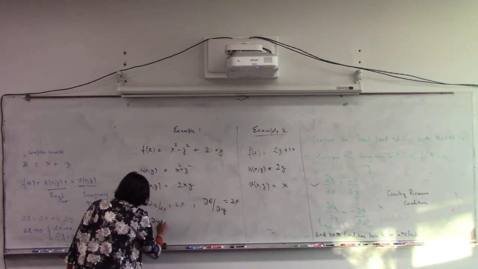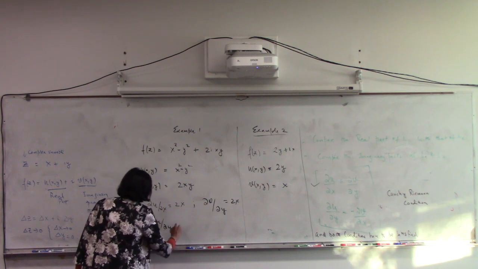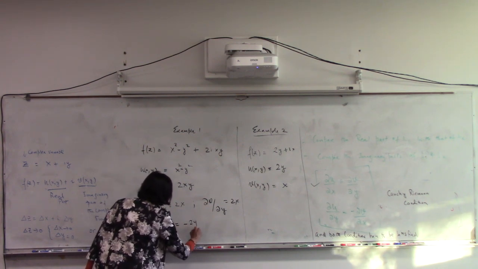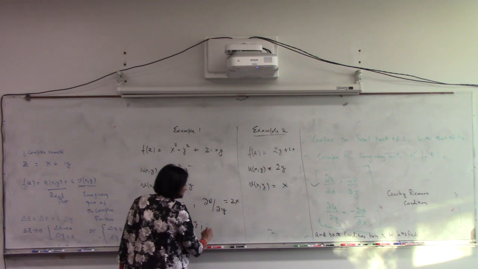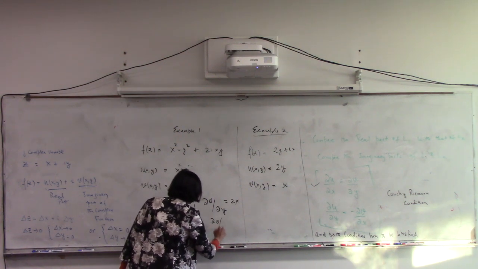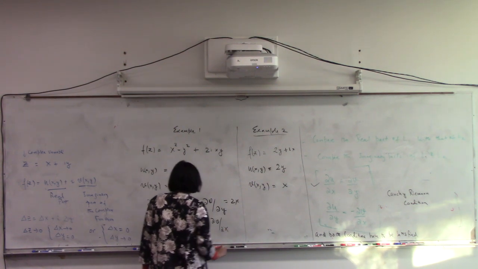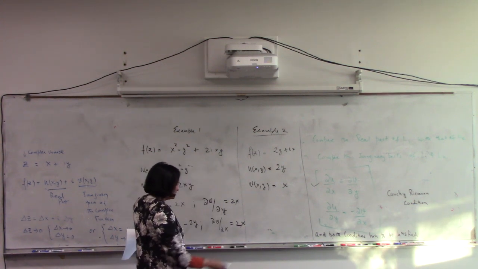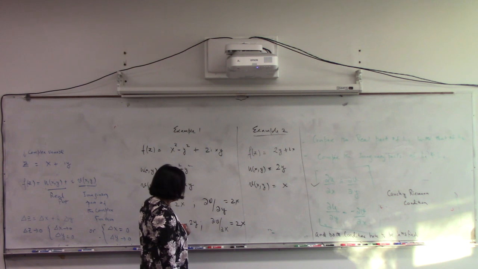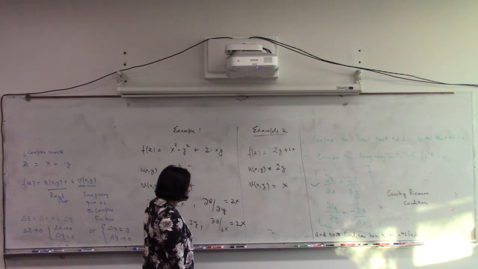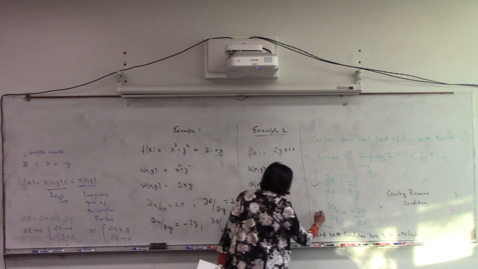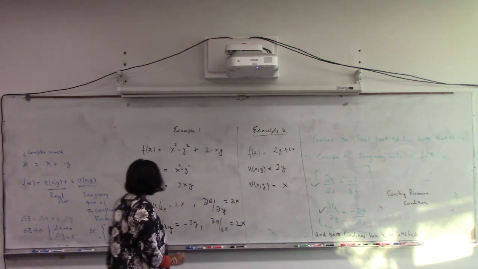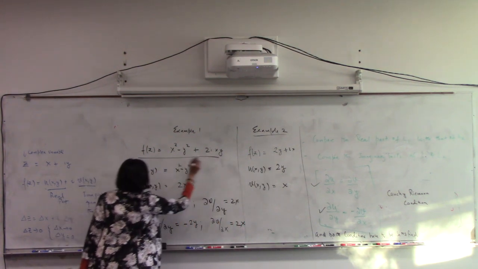Partial u with respect to y is negative 2y. And the next one, I have to do partial v with respect to x, which is 2x. And I have to satisfy this condition: partial u with respect to y is negative of partial v with respect to x, which is negative 2y. So this is also satisfied. Both are satisfied. Okay, so in this case f of z is analytic.